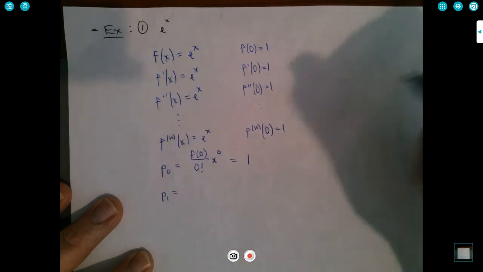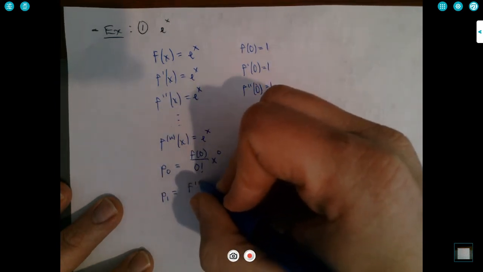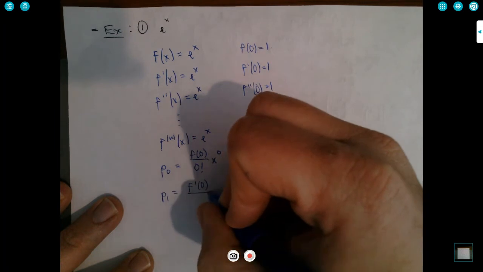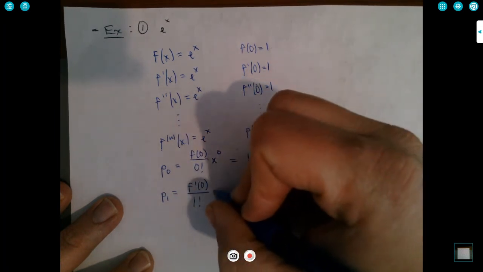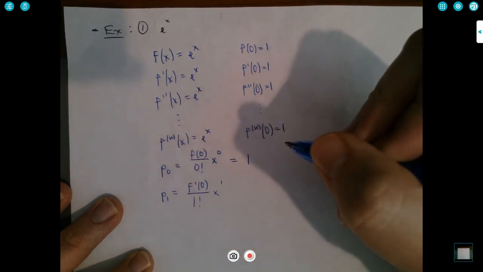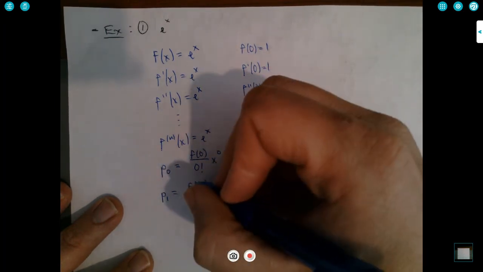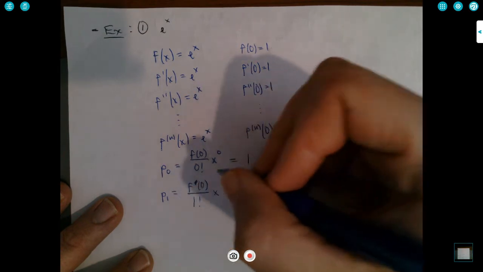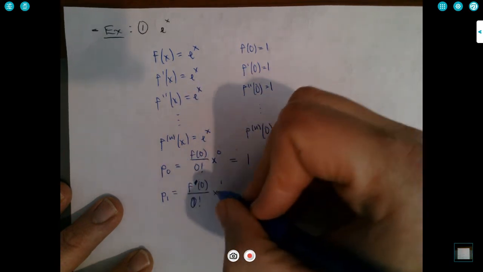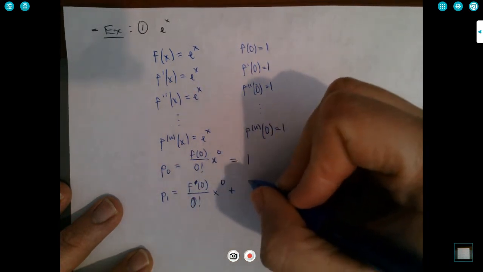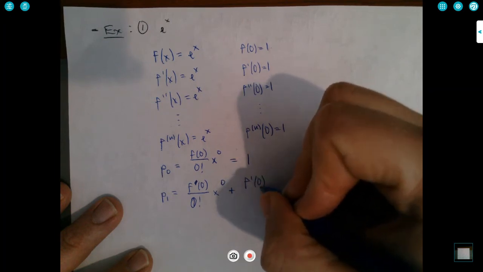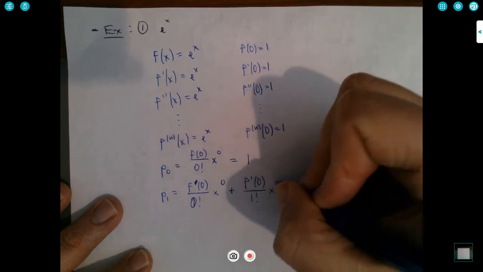p1 is going to be f prime of 0 divided by 1 factorial times x to the first power. Or actually, I should start at 0, right? I should start at just f of 0 divided by 0 factorial times x to the 0, and then add f prime of 0 divided by 1 factorial times x to the first power.